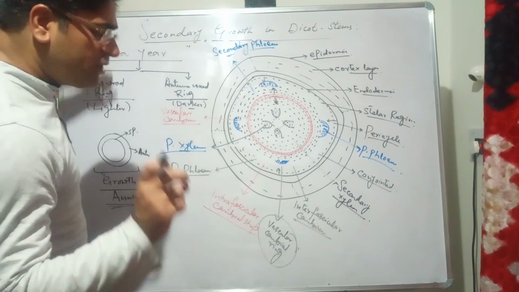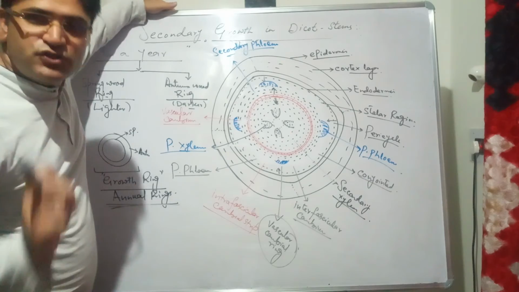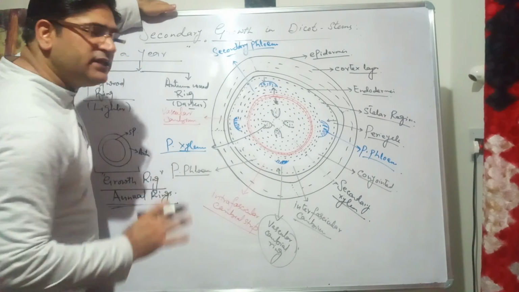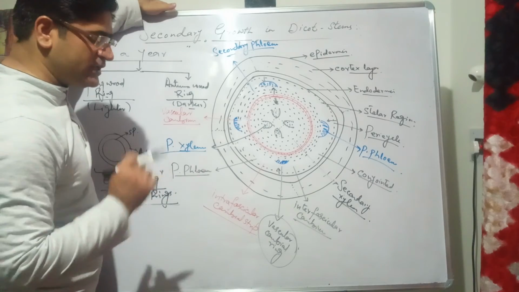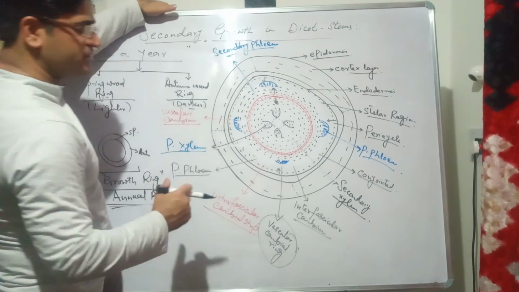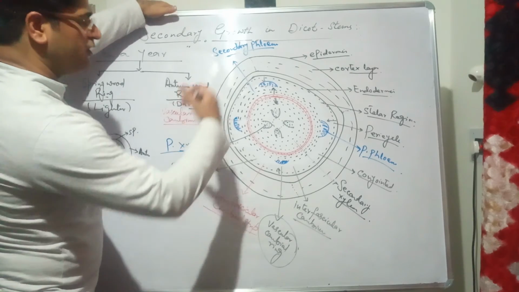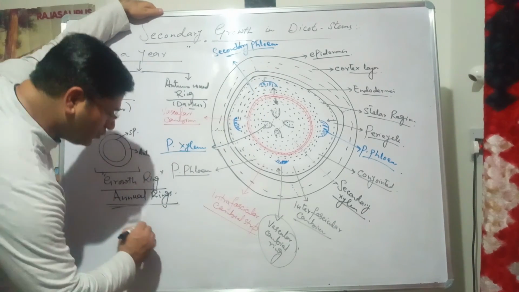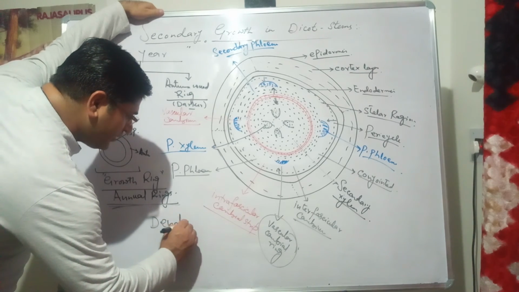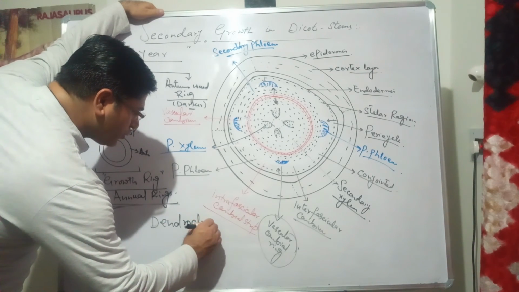So the age of the plant is assumed based on these annual rings of dicot stems as well as gymnosperms. That study which is based on the annual rings and the age counted from the annual rings is known as dendrochronology.